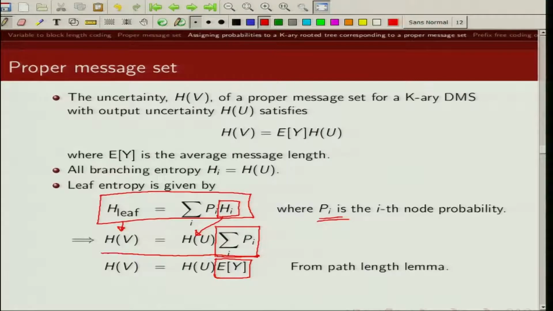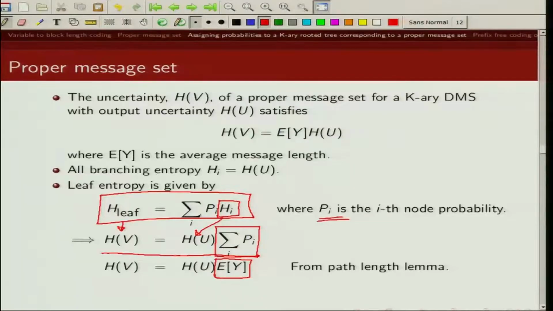I have from root to each of these leaves, I have my Vi's, which is the parsed message, and the length of that is y1, y2, y3. The expected value of that from path length lemma is given by this quantity.